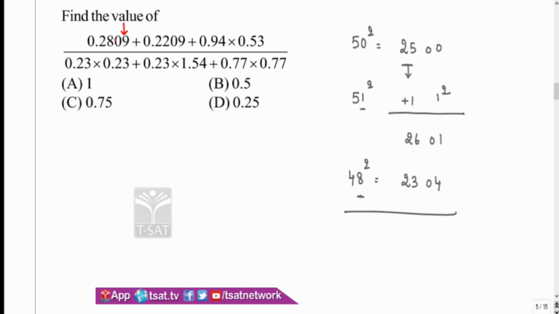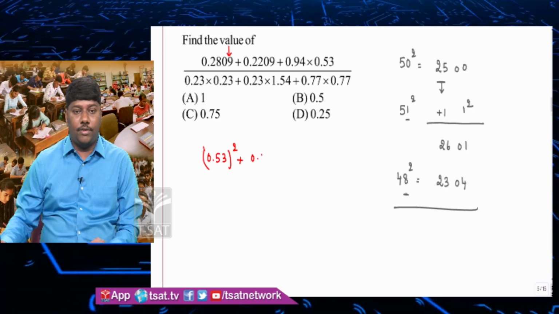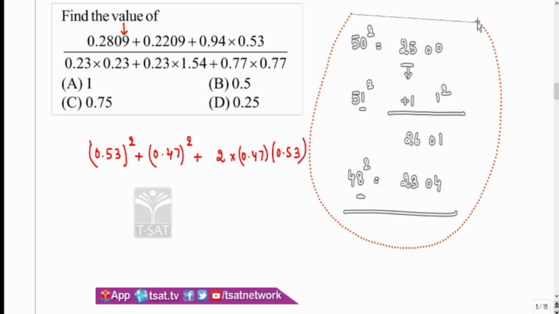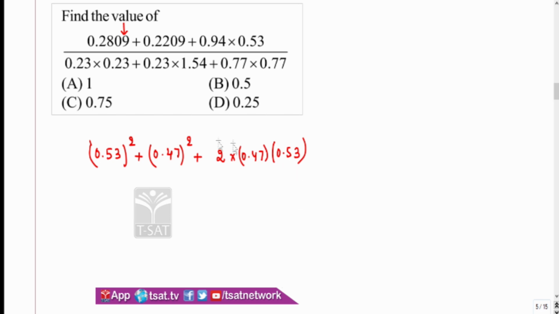So point is there, therefore I can write it as 0.53 whole square plus, this is 3 less and 3 square, therefore 0.47 whole square, plus 0.94, you can write 2 into 0.47 into 0.53. Now completely your numerator is in the form of (a plus b) whole square, because you have a square plus b square plus 2 into a into b.